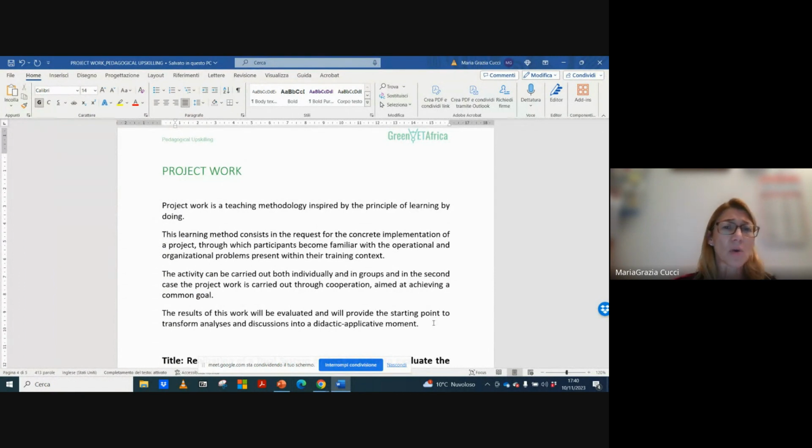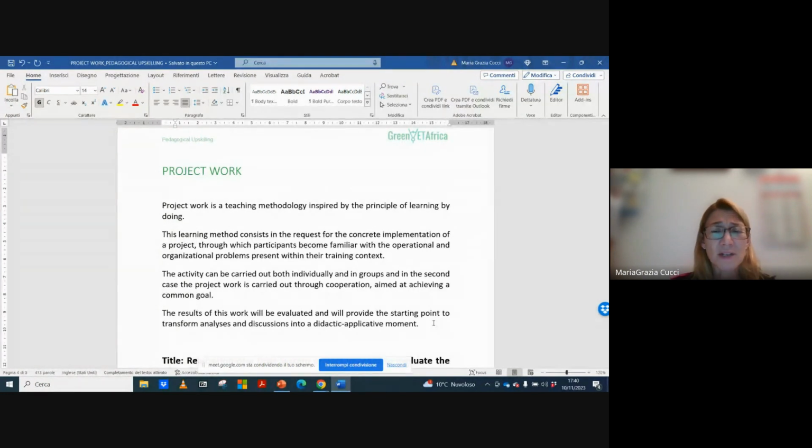So the project work is a methodology. It starts from the principle of learning by doing, which is something that as a vet school, well, we well know what it means.